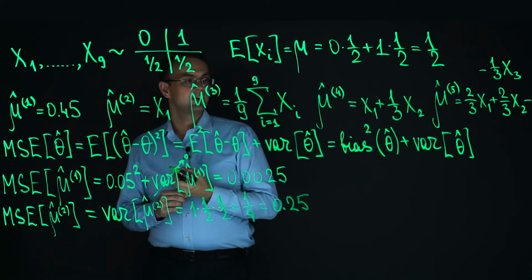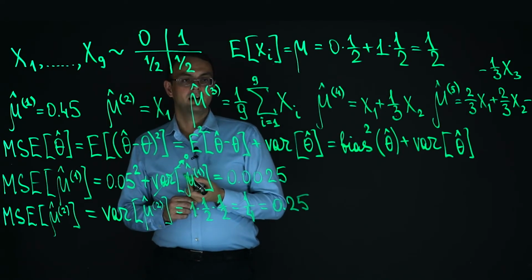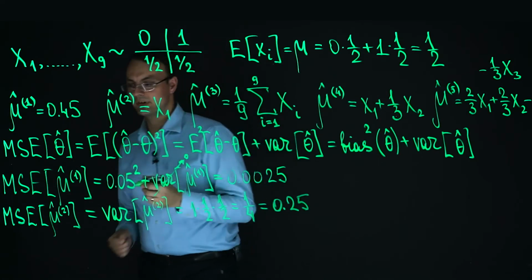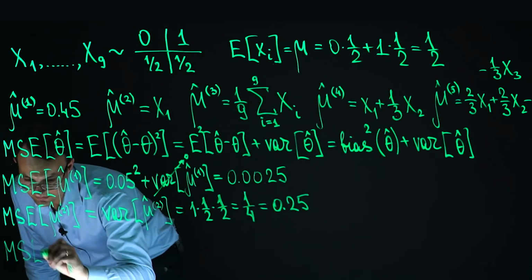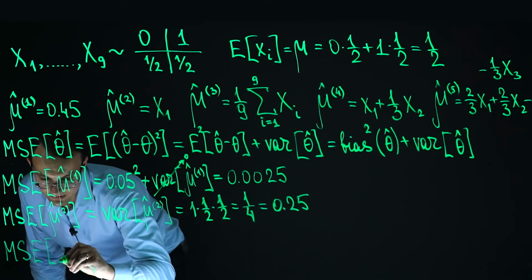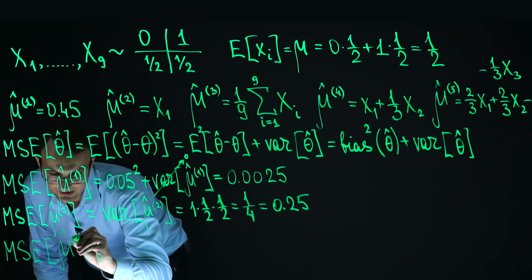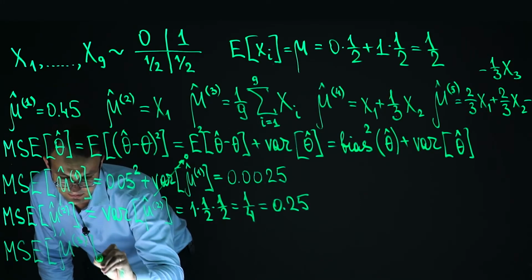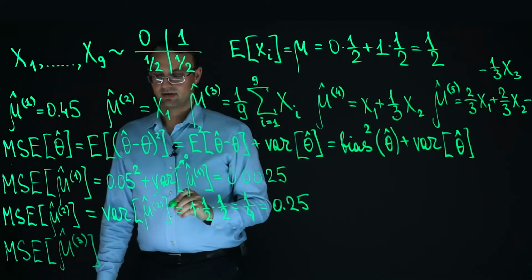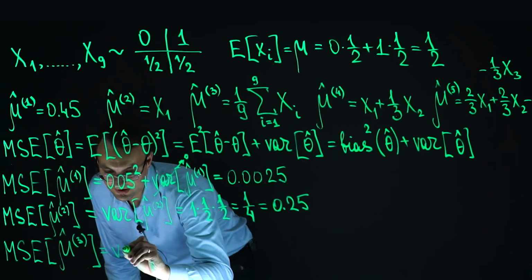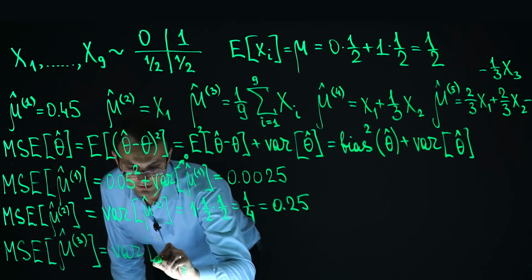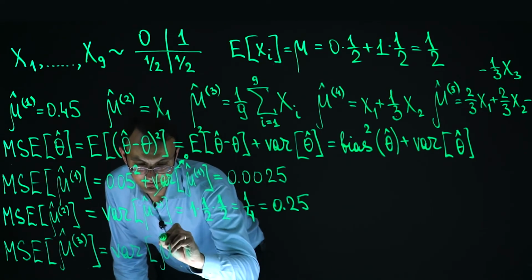Okay, then MSE of mu3 hat. Mu3 is also unbiased, so this is also equal to the variance of mu3 hat.